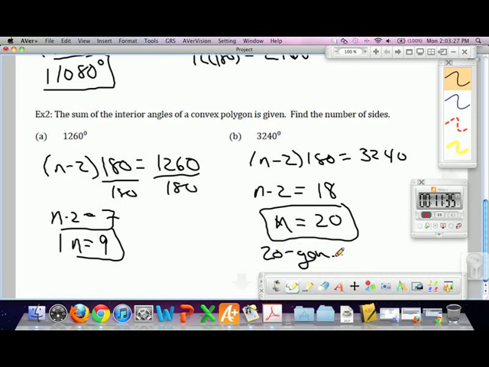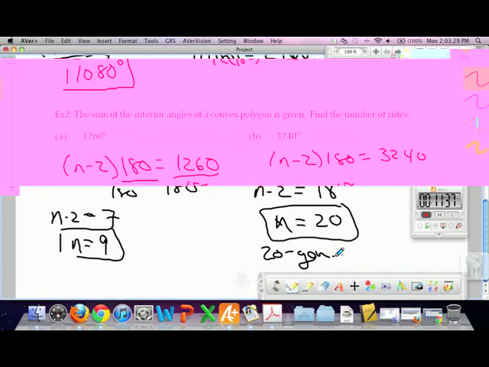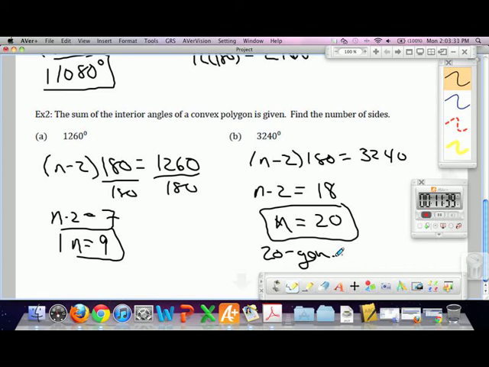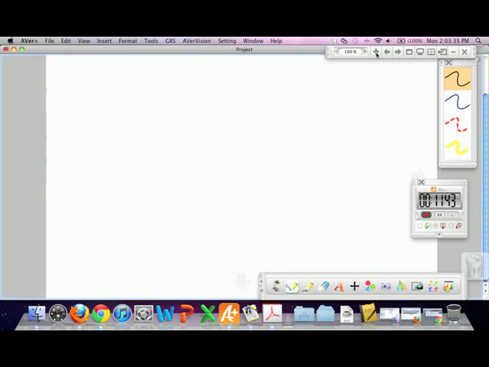I don't have one printed for this example problem, but I'm going to do one real quick with you. Kind of an extension of this that you'll see in your homework tonight is looking at what's called a regular polygon. What's special about a regular polygon? Do you remember? All the sides and all the interior angles are equal. That's not wrong.